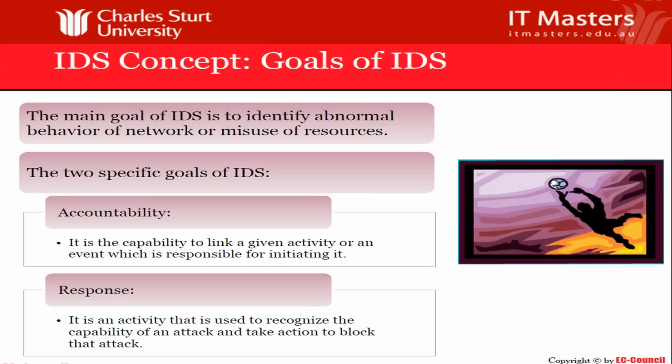So if an IDS can account for it, if there is a link or activity connected to it and someone responsible for initiating it, then it can be done. The second is the response, which is the activity used to recognize the capability of an attack and take action to block that attack.